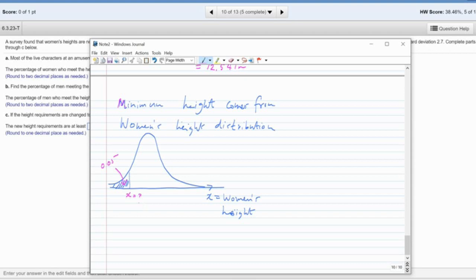Now we have the standard normal distribution, Z. Somewhere here is the 5%, 0.05, which is already a left tail area. So we have to find this Z value.